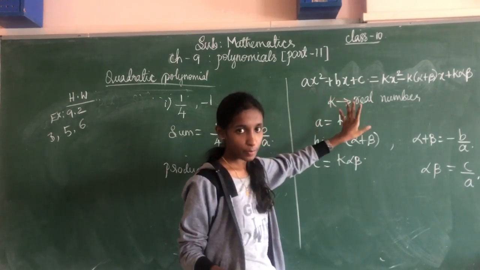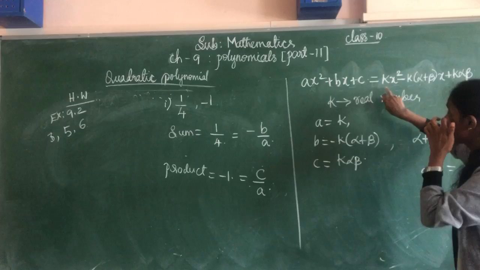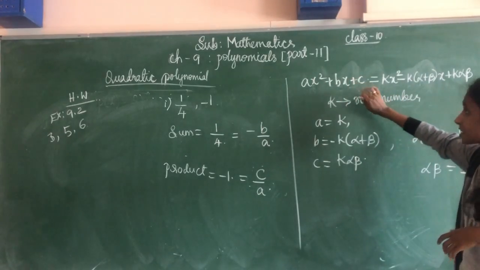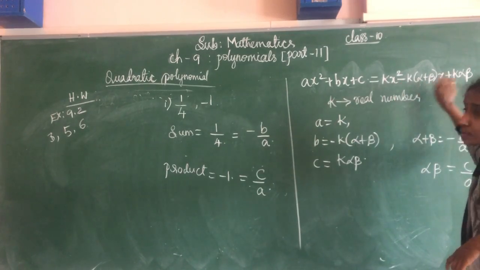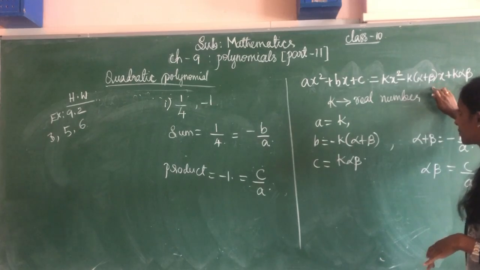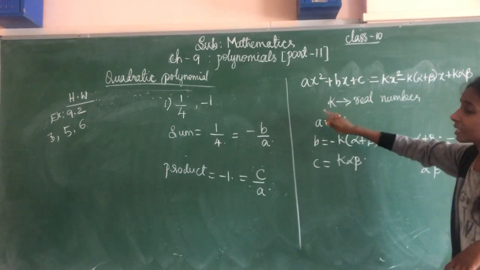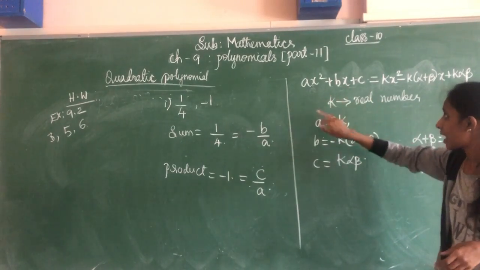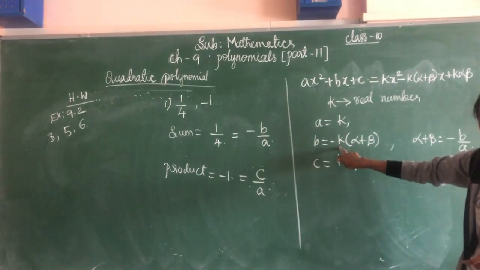That is the quadratic polynomial you already know. What I have taken is ax square plus bx plus c equal to 0 as kx square minus k into alpha plus beta x plus k alpha beta. It is also the general form, where k is a real number, a is k, and b is minus k into alpha plus beta.